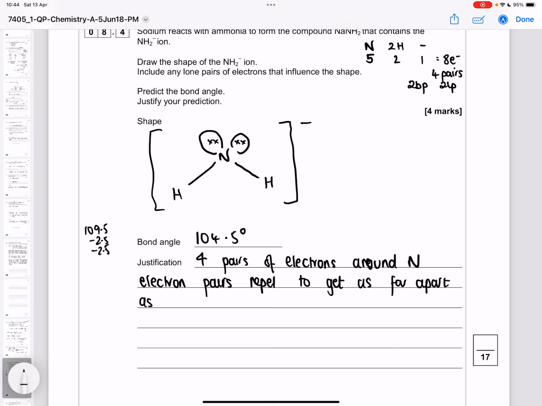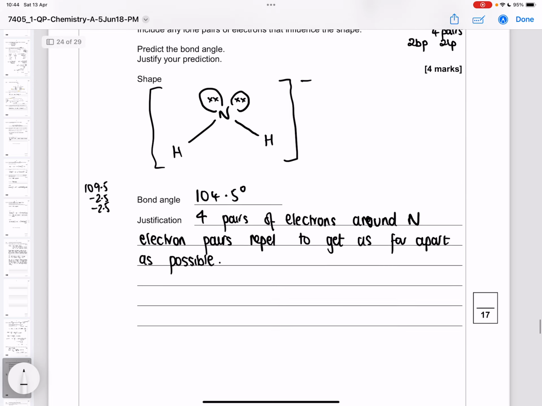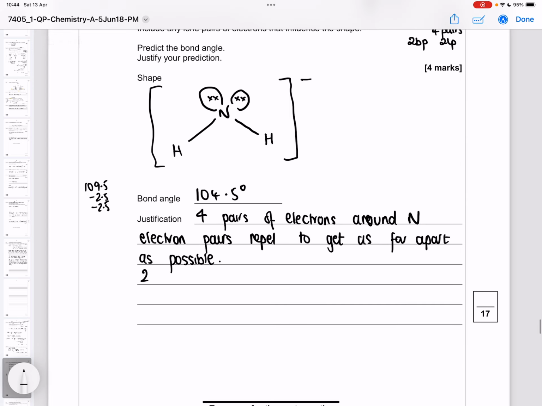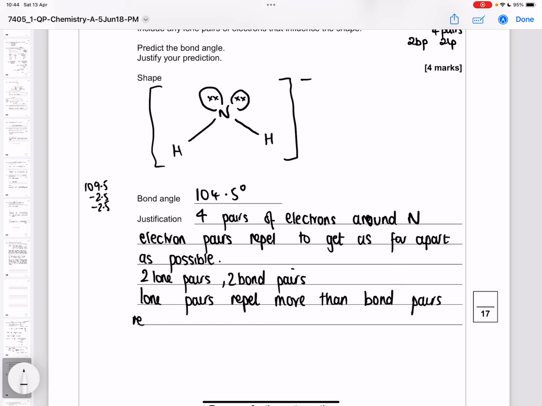That would have been 109.5 if they were as far apart as possible. 2 lone pairs, 2 bond pairs. So we've got some lone pairs. So we need to say lone pairs repel more than bond pairs, reducing the angle.